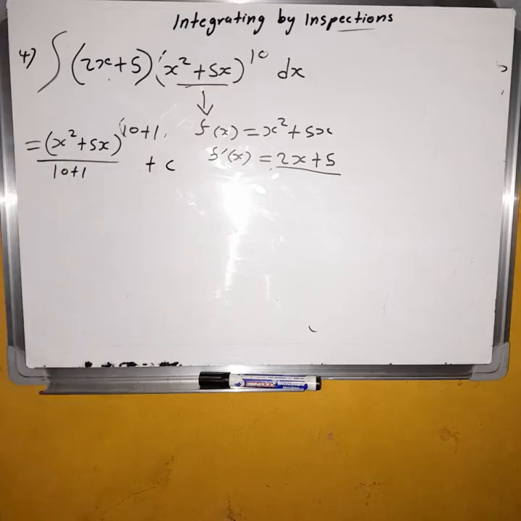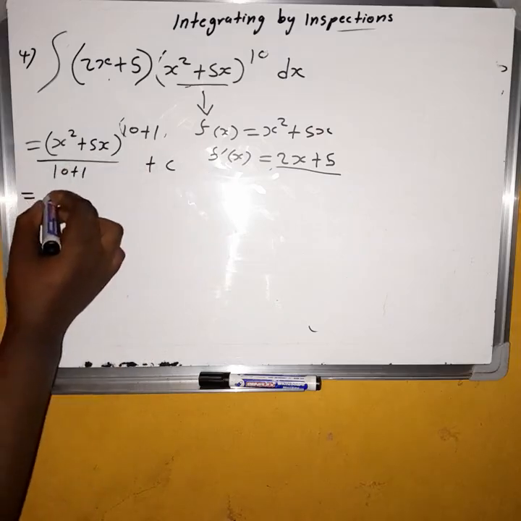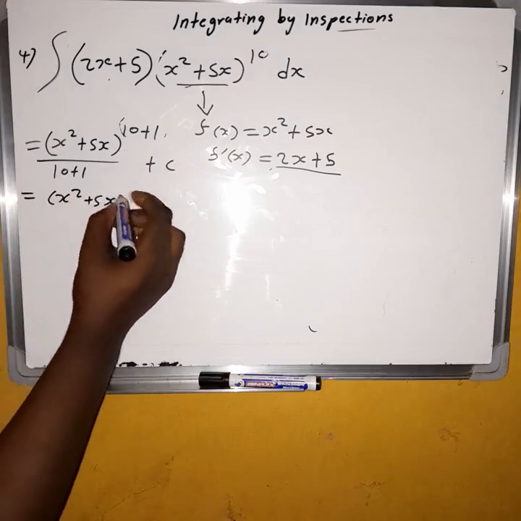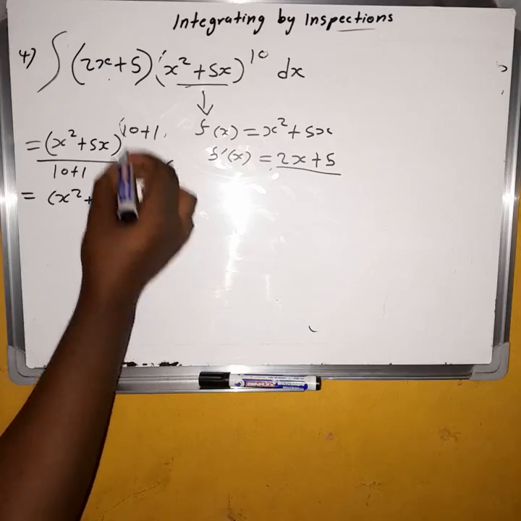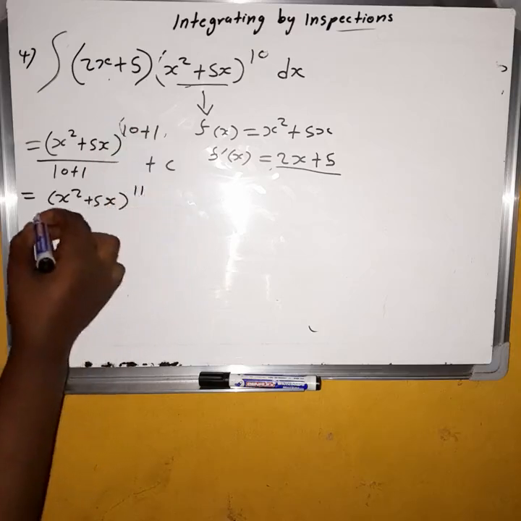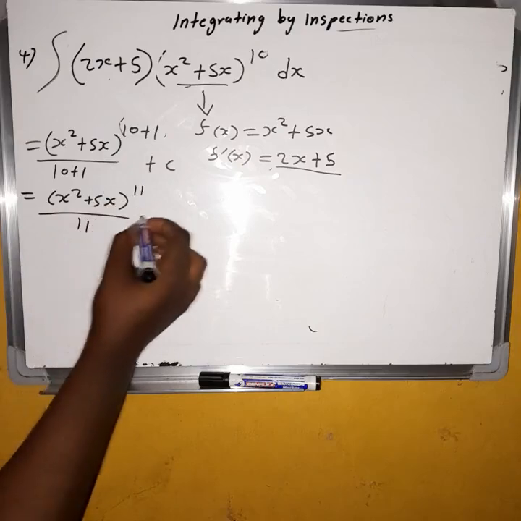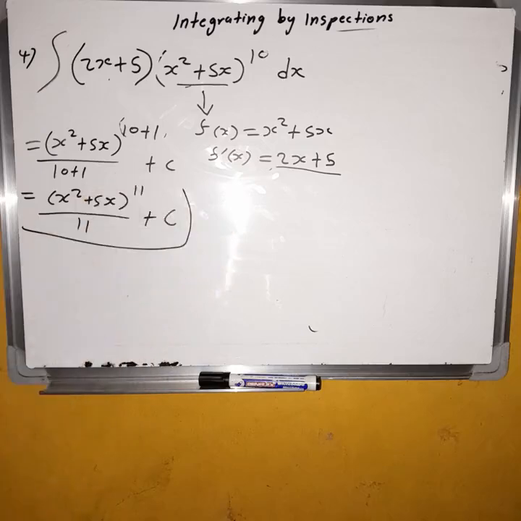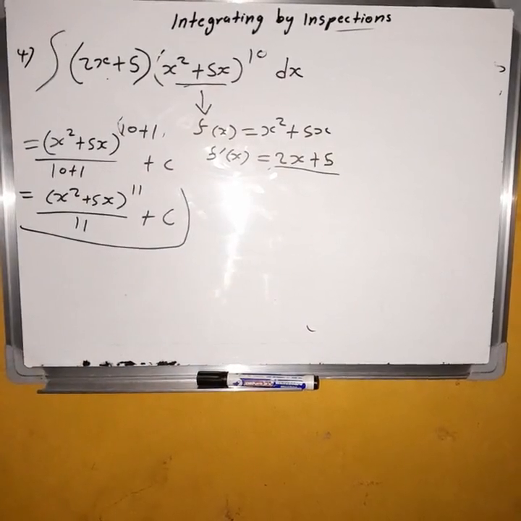You add the constant c, this will be x squared plus 5x to the power 11, over 11, plus c. This is the final answer, right. We've integrated, this is the final answer, right.